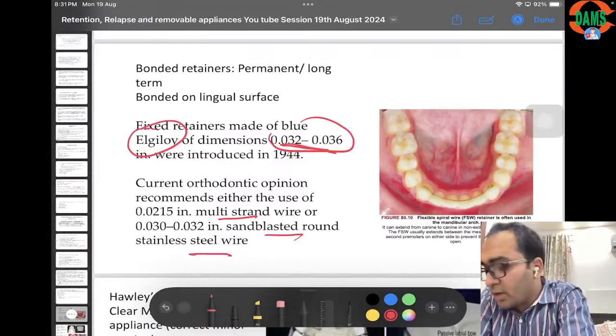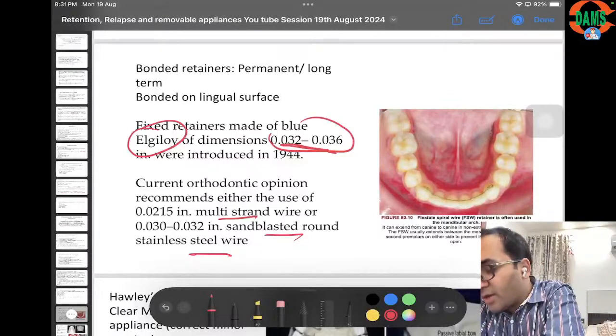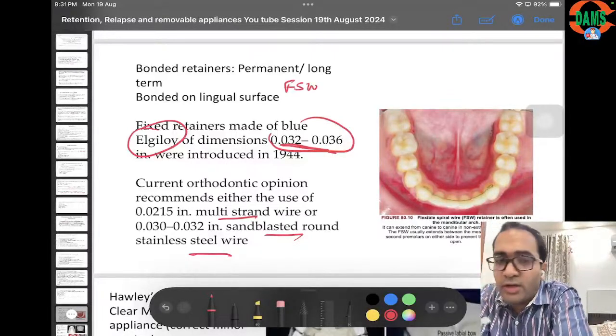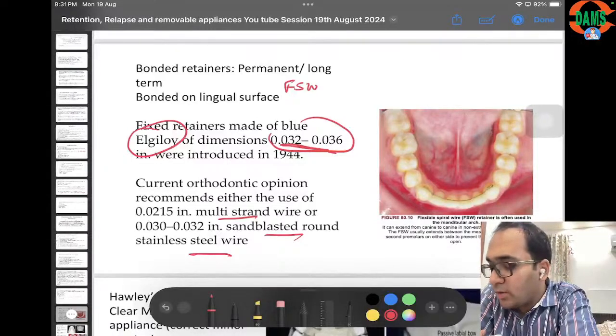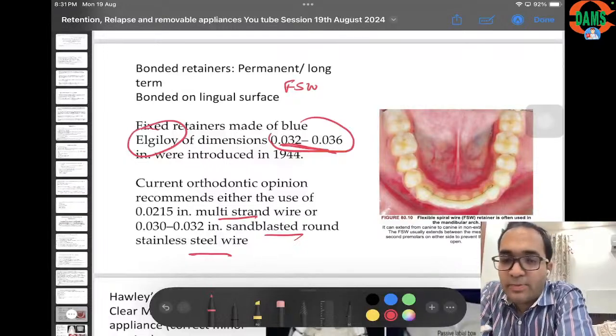The common name for this bonded retainer is FSW. In the exam they can give you the short form as well. So what is the full form? Flexible spiral wire.